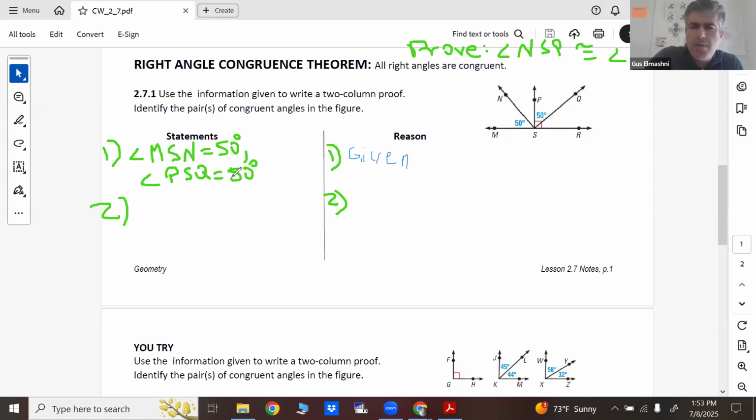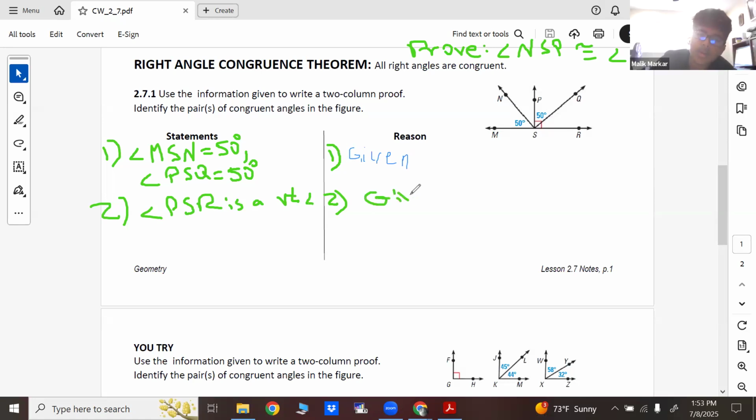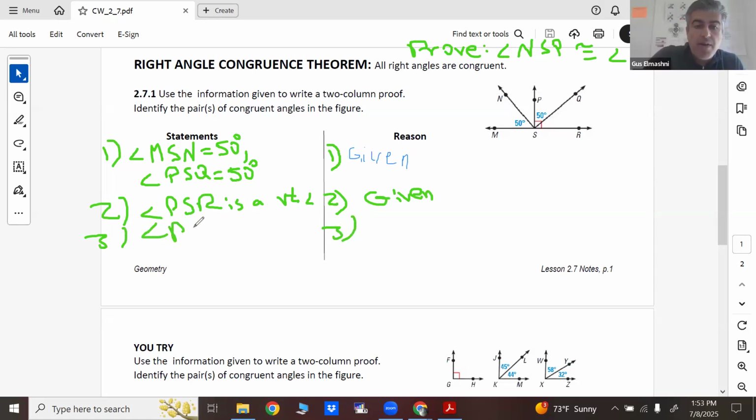Also, we know angle PSR is equal to 90. That means QSR is equal to a right angle. Yeah, okay. That's also given. And then NSP is also a right, or MSP is also a right angle. Well, we could say angle PSR equals 90 degrees. And that's just the definition of a right angle. Or right angles are 90 degrees, whatever.